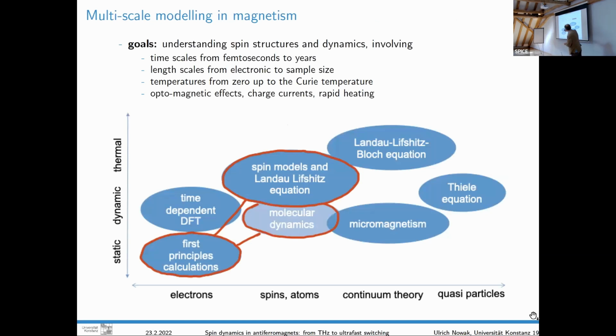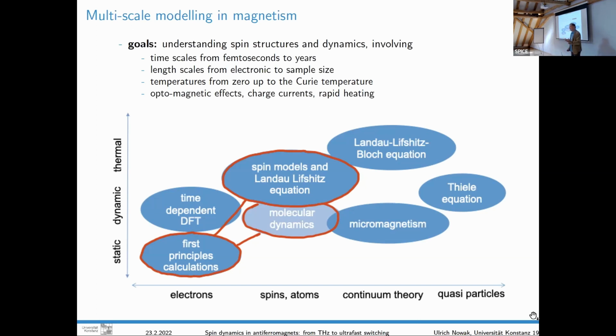There exists software for solving the Landau-Lifshitz equation, and my group is specialist in that. But there is also the work on molecular dynamics that you showed, and I think we should connect that in the future: spin-lattice molecular dynamics.